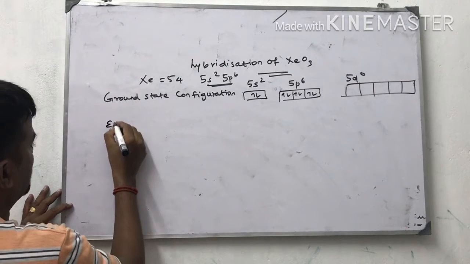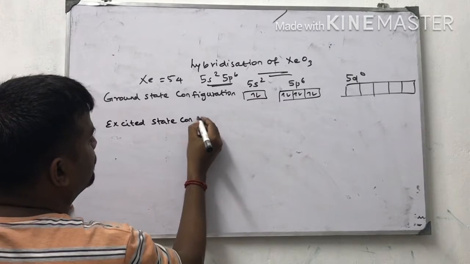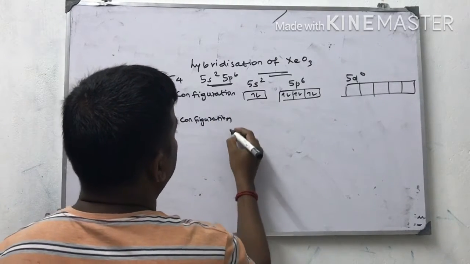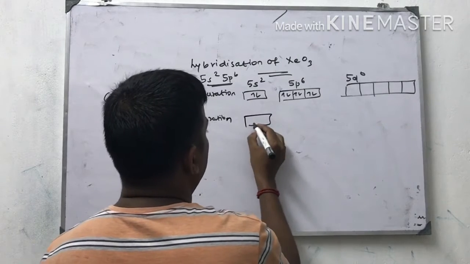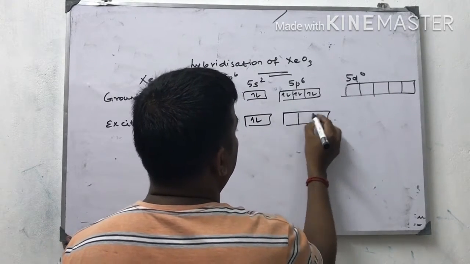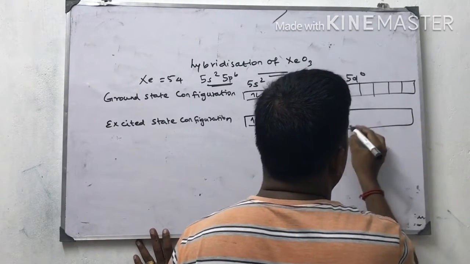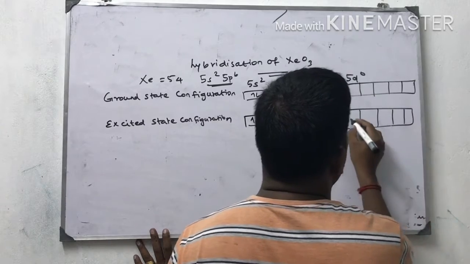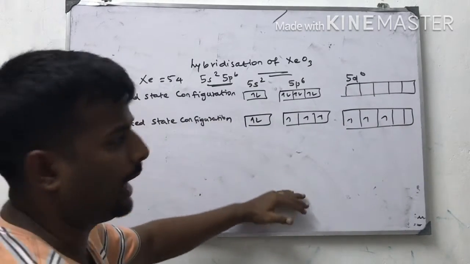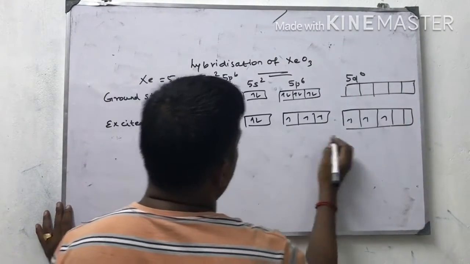Next, excited state configuration. 5s2, 2 electrons, and 3 electrons in the 5p orbitals are shifted to 5d orbitals because of the hindrance of the surrounding oxygen atoms. Now we are going to find the hybridization.